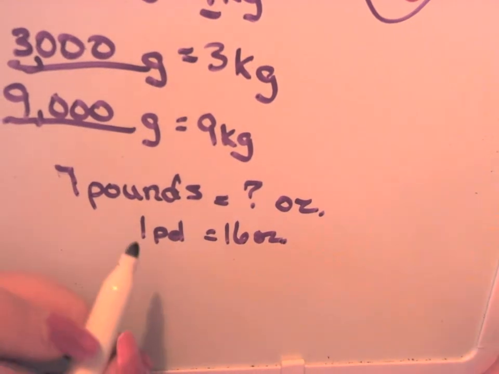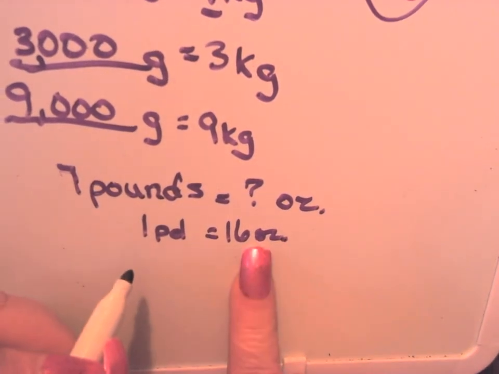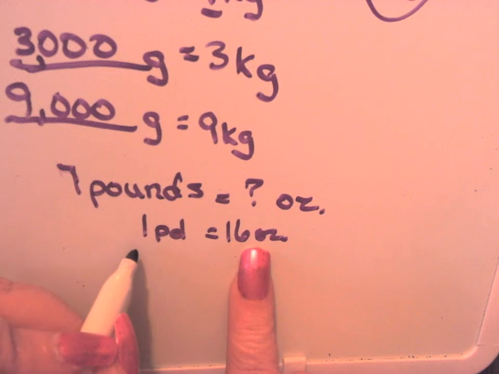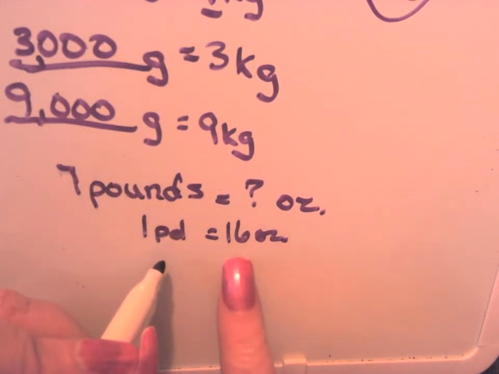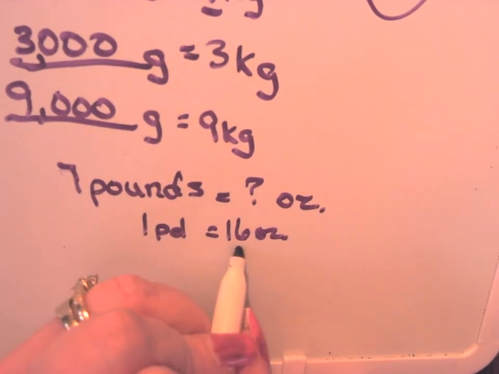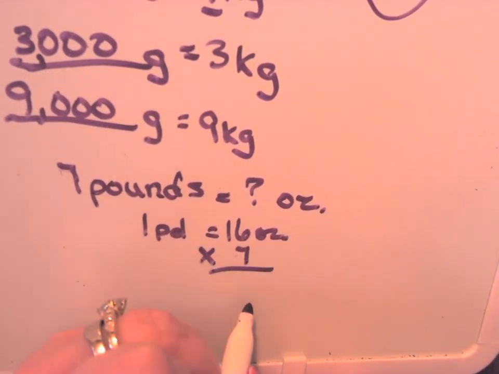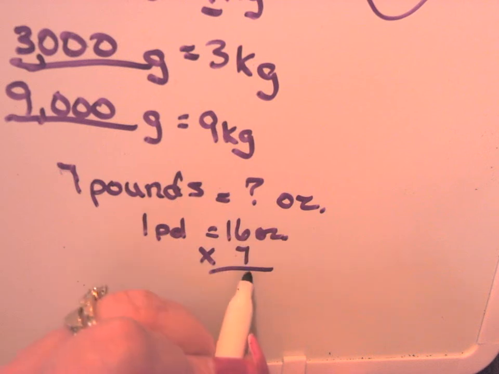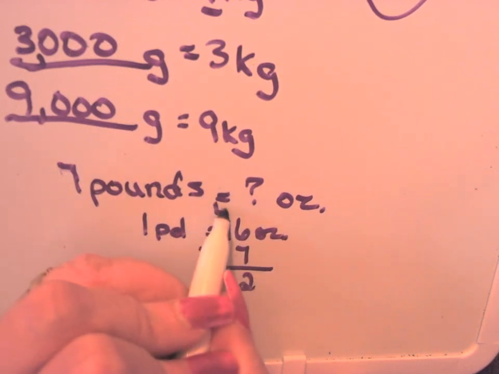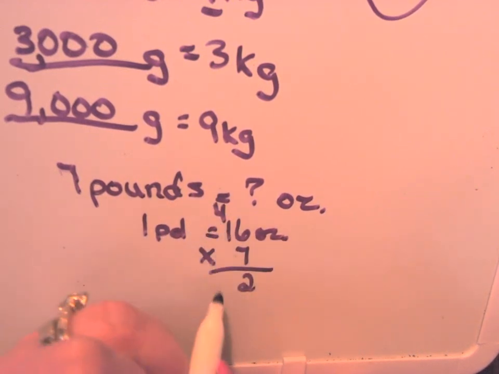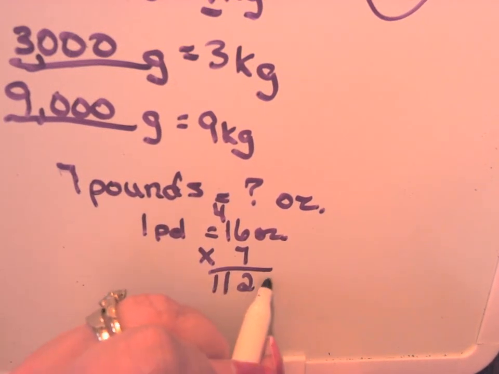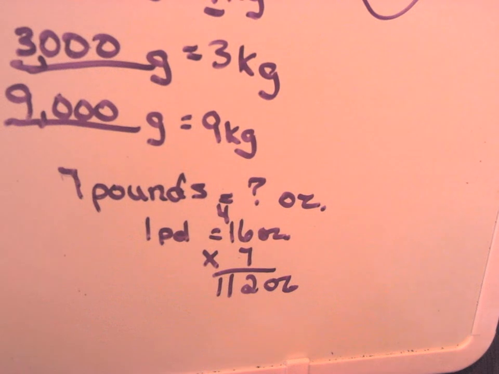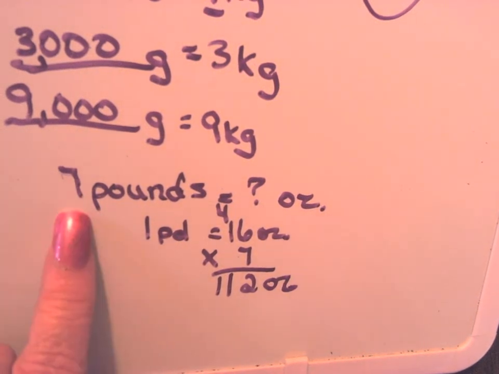So if I have 1 pound equals 16 ounces, and I have 7 pounds, that means I want 7 of these 16 ounces. So I'm going to multiply that by 7. 7 times 6 is 42, bring our 4 up here. 7 times 1 is 7, plus 4 more gives us 11. So we have 112 ounces. 112 ounces equals the same as 7 pounds.